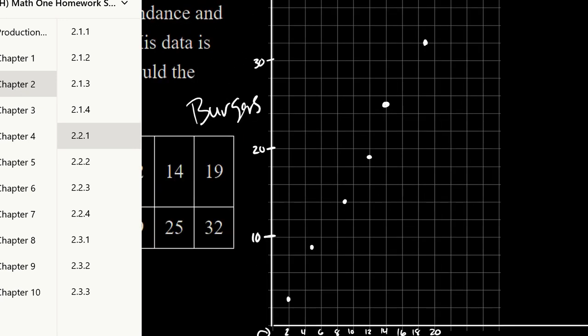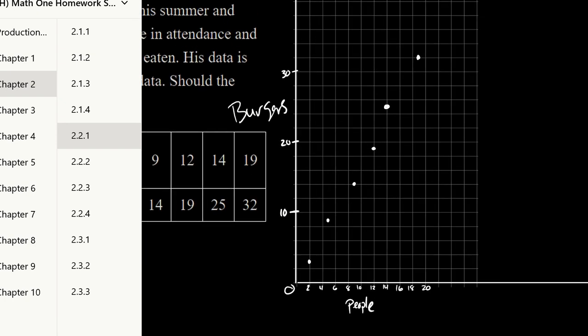Okay, so with all those data points listed there, I have a very nice, strong association. It appears, this is a surprise, that the more people you have, the more hamburgers you may eat, right? So it's people versus burgers. It's a positive association. It looks relatively strong.